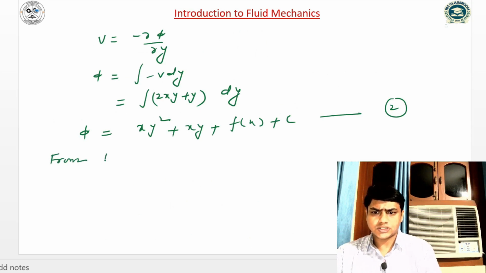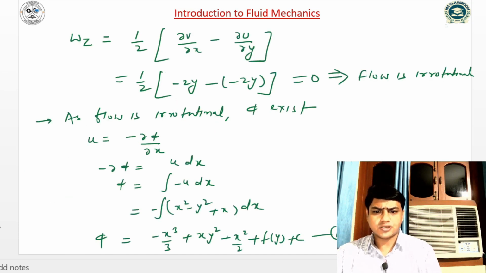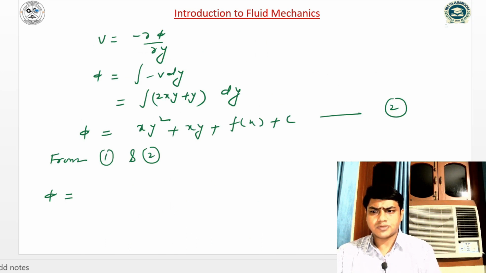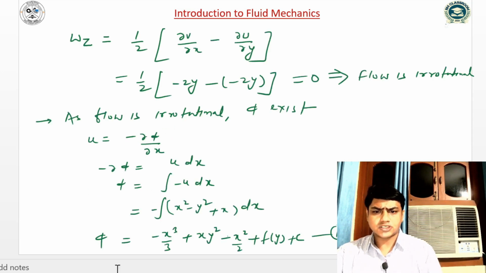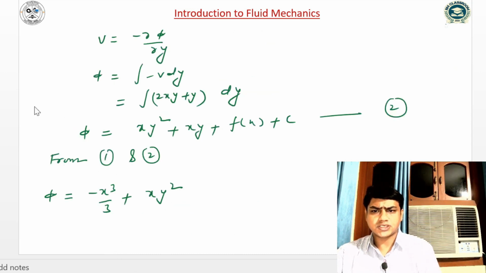From equation 1 and 2 we can write velocity potential is equal to minus x cube by 3 plus xy square minus x square by 2 plus xy plus some constant.